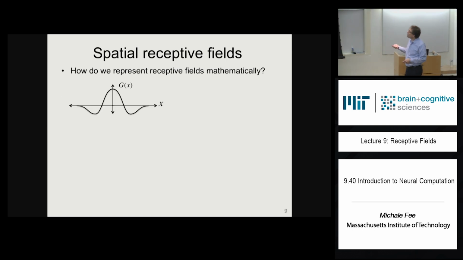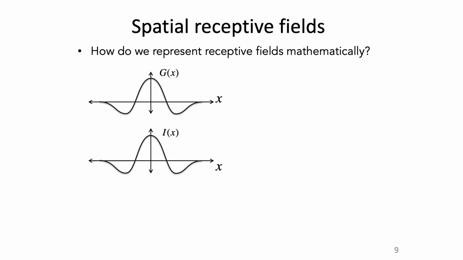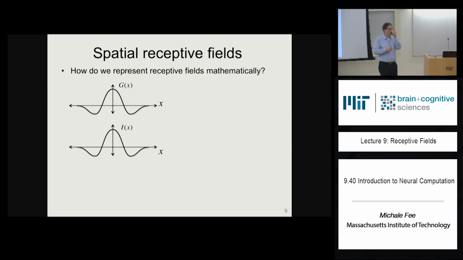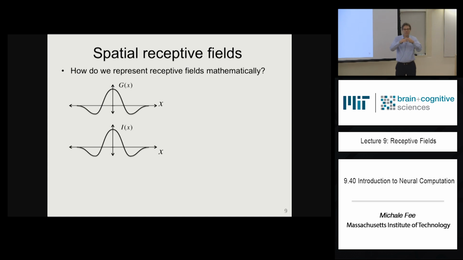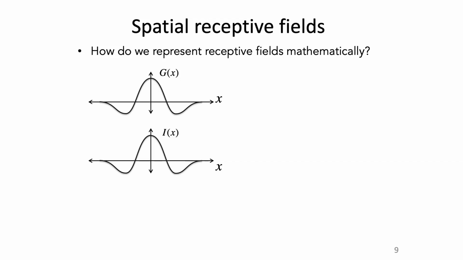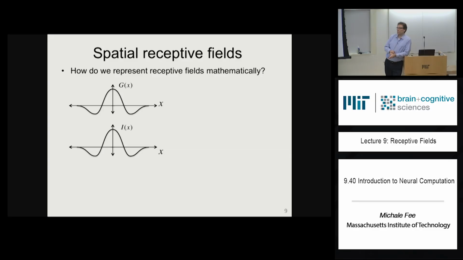Okay, so let's walk through what that looks like. Here's G of x, the receptive field. Let's say that's our intensity profile. We're going to have a bright spot of light surrounded by darker side lobes. In visual neuroscience experiments, usually the background is kind of gray. You'll have bright spots, like here, and dark spots, like there, and the rest will just be gray. That's how you get positive and negative intensities here, because they're relative to some kind of gray background.